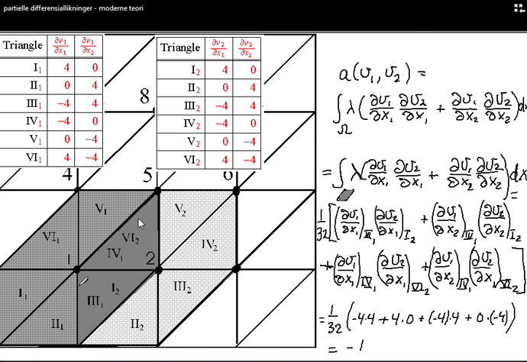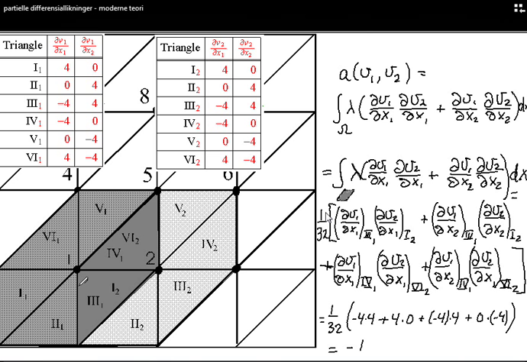So what we need to do is, when we are finding this value of A of V1, V2, which is a pairing between V1 and V2, we have to only consider this integral, the integral over the intersected area. And in this case, we only have two triangles to consider, because the integral over the rest of these triangles will be 0.